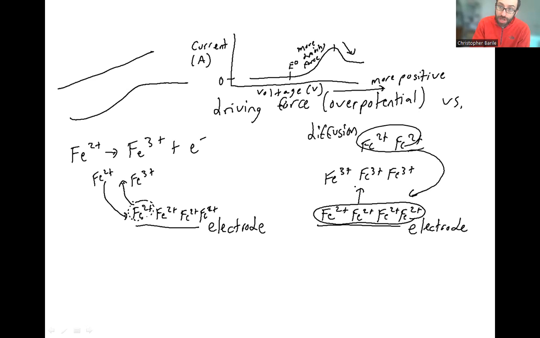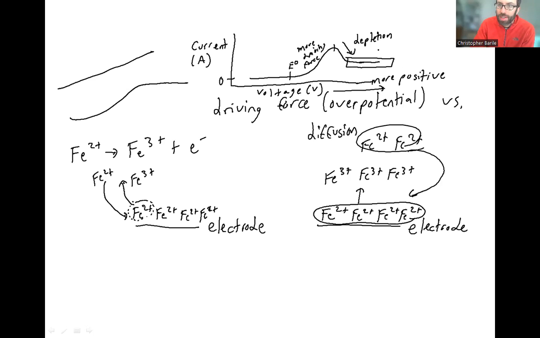And the iron 3s also have to diffuse away from the electrode. So you have diffusion-controlled depletion at the electrode. And if you look carefully, you reach a point where there's a flat line. This is supposed to be a flat line in my drawing.